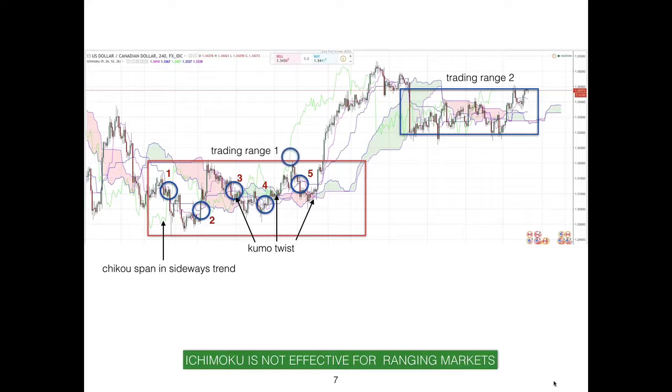So this breakout is the confirmation of a new and incoming trend. So this is the uptrend where we could apply Ichimoku trading strategies. As long as price is above the Kijun-sen, the uptrend is intact and the trend is bullish. But once we get into this trading range, we avoid using Ichimoku as a trading strategy.